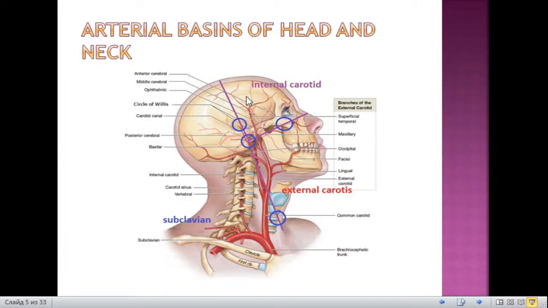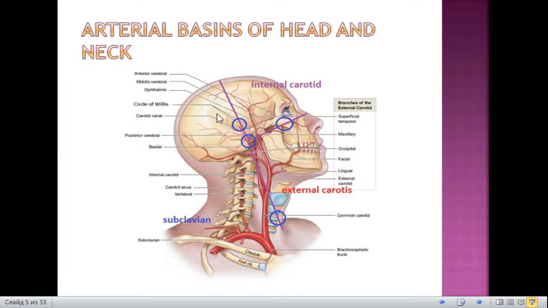Look here, between the internal carotid artery and external carotid artery. The basins of these two arteries border at the level of the nasal cavity. So of course, as a result of this, in the nasal cavity you have a lot of arterial anastomosis between the internal and external carotid arteries.